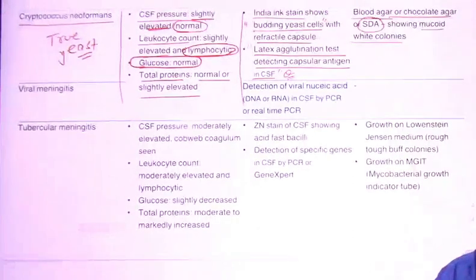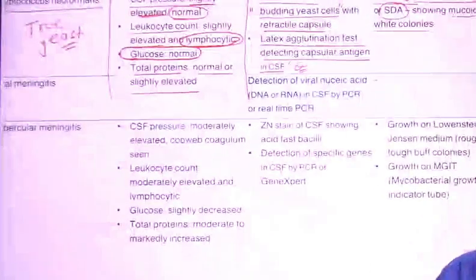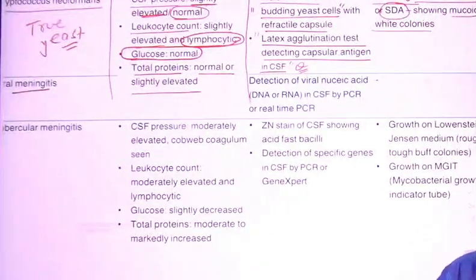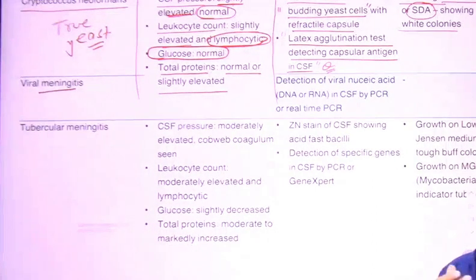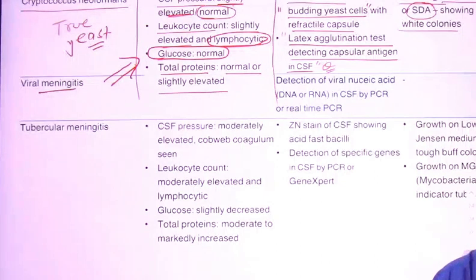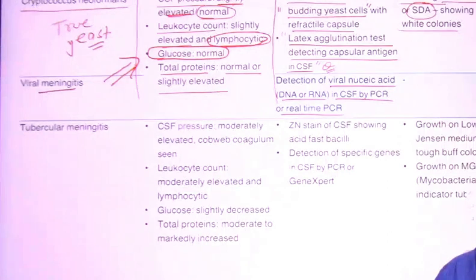Now, talking about viral meningitis, which is also termed aseptic meningitis, this particular profile is not changed much. There is detection of viral nucleic acid, DNA or RNA, in CSF by PCR or real-time PCR. Real-time means the results will come within a particular time.